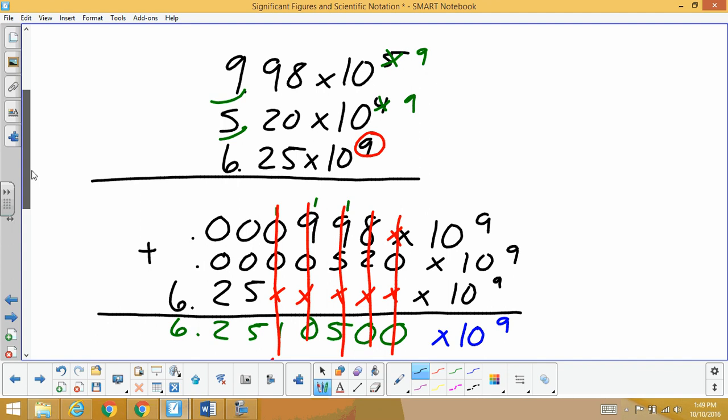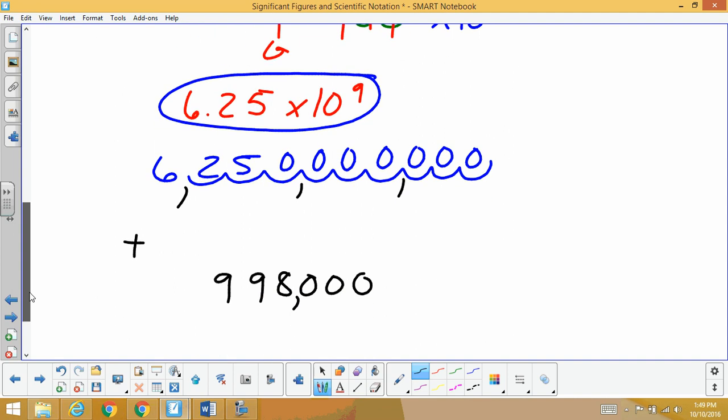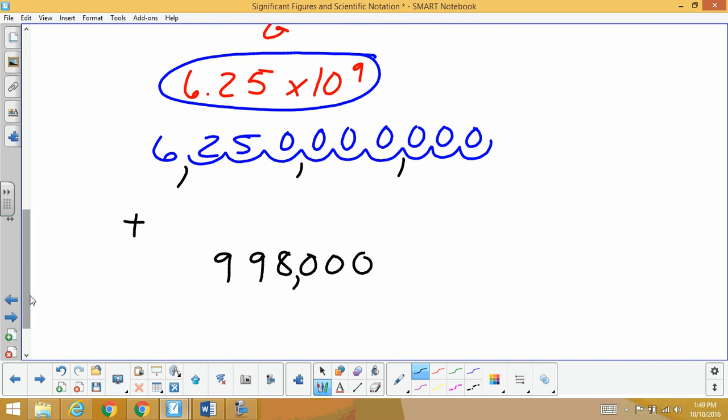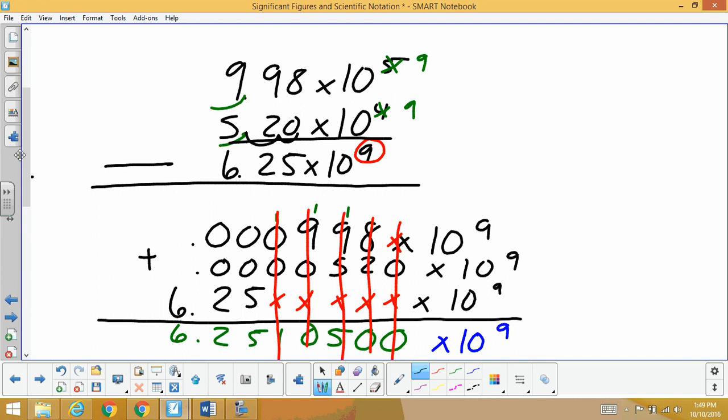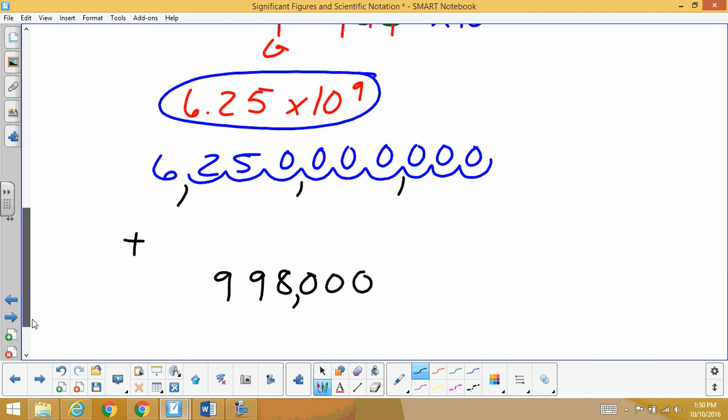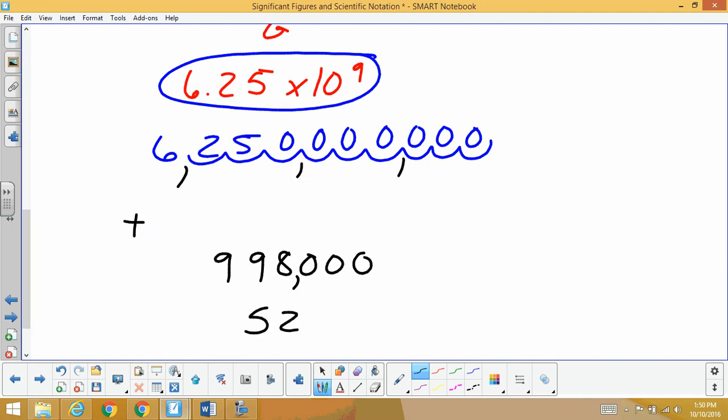It's 5.20 times 10 to the 4th. If we write that, move up here, 1, 2, 3, 4. So it's 52,000.